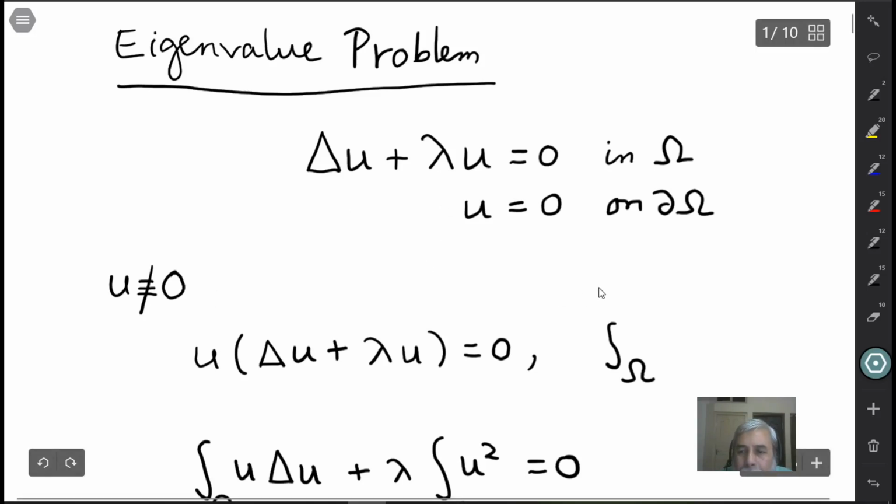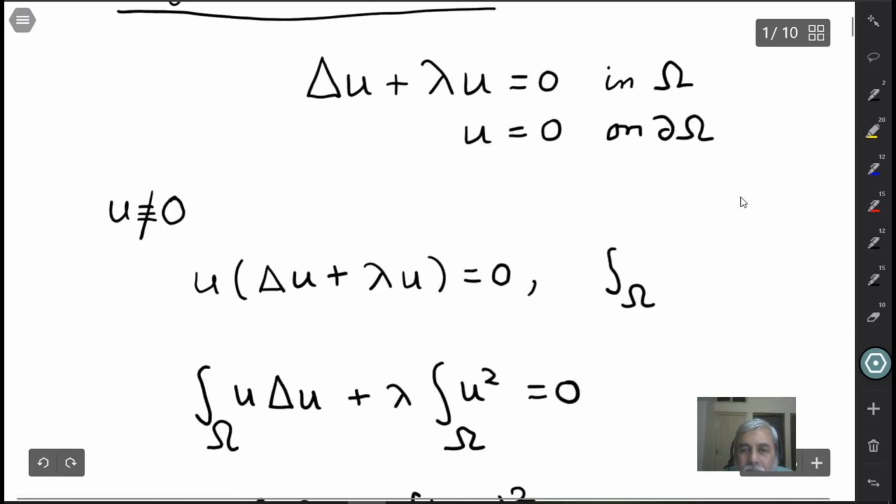Okay. So before getting further, let's try to see if there are any restrictions on the values of lambda. Suppose there is a solution which is not identically equal to 0.